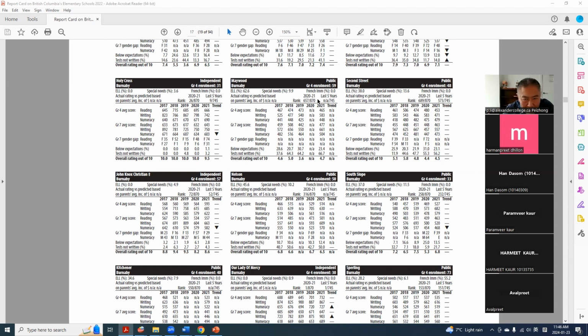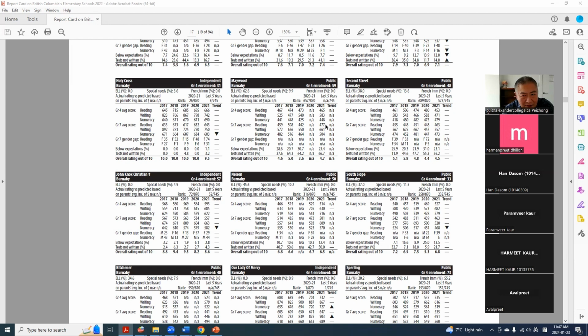So this one ranked low, Maywood. Their grade 7 reading score is 477. Oh, that's a big difference. The difference is 200 points. Wow. Suppose you send your kid to Maywood and her reading score is 500, she will be happy because she does better than the average. 500 is better than 477.